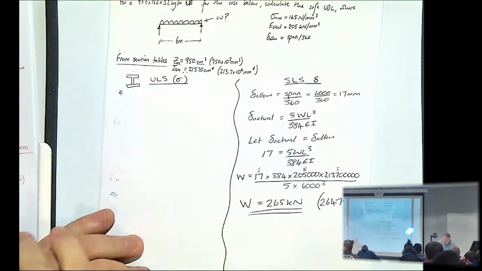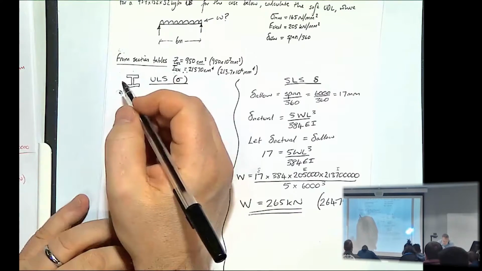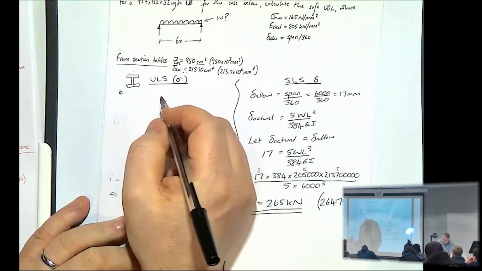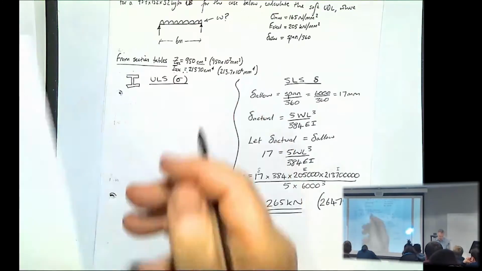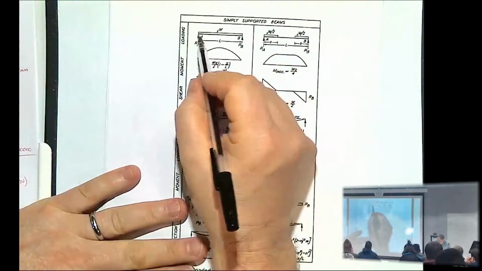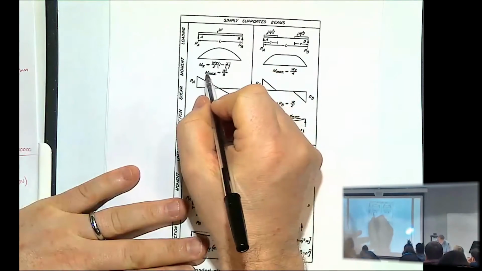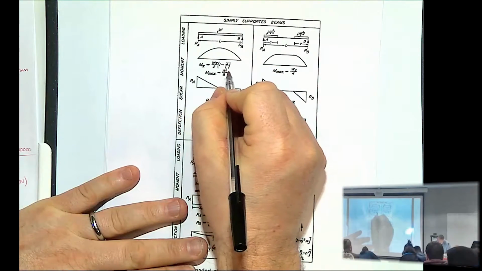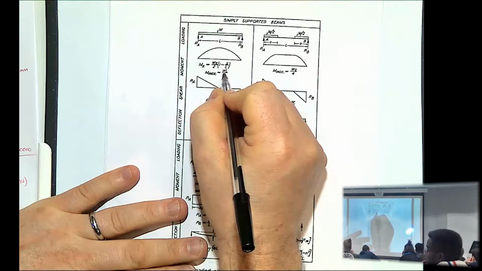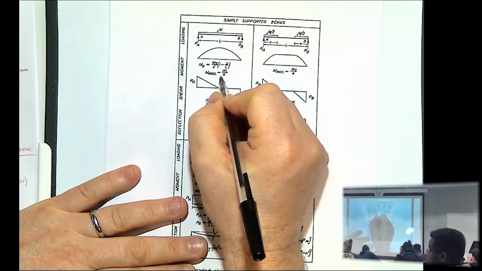So in terms of working out our W, if we look at our table at the back again, for a simply supported beam, our maximum moment is WL over 8, or small w L squared over 8. That's our maximum moment.